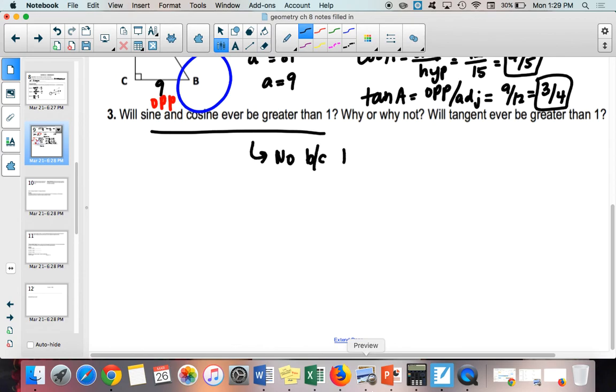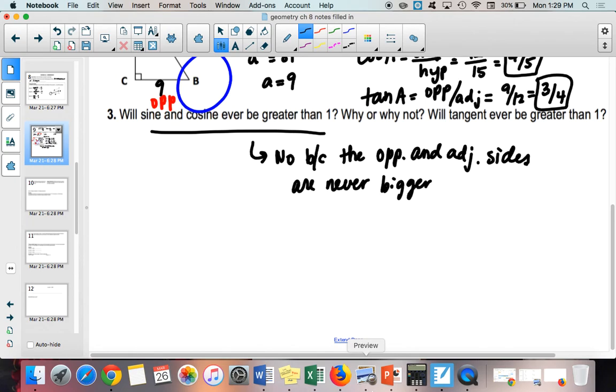So no, because the opposite and adjacent sides are never bigger than the hypotenuse. So what about tangent? Can tangent be more than 1? Yes.